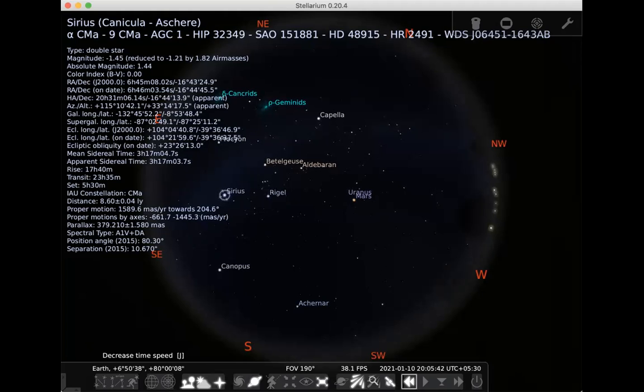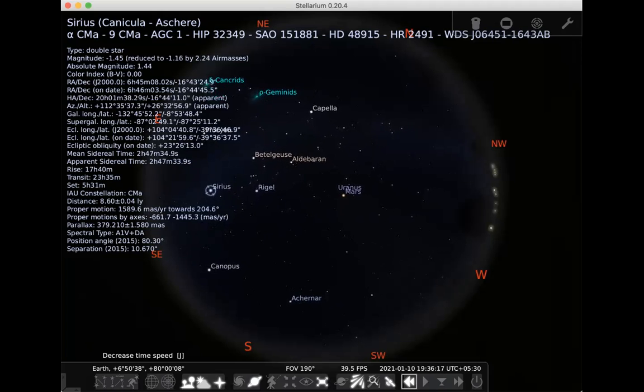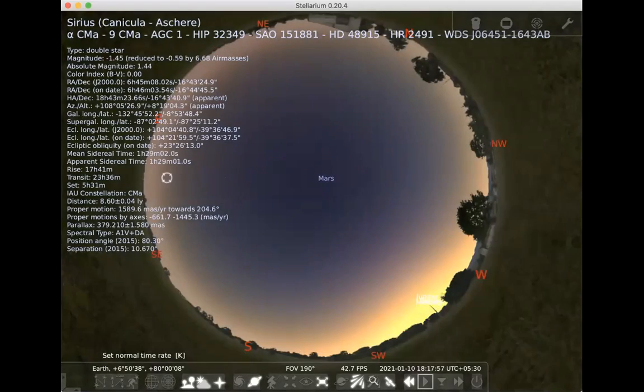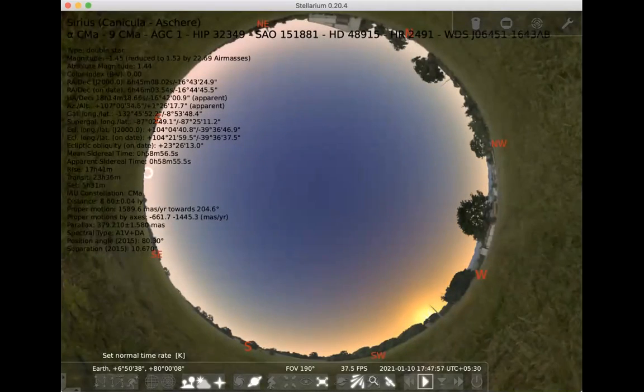You can see that it's going backward right now. I'm going to stop it right at the point where it rises. So this is the point where it rises, right? If you look at the lower right-hand corner, the rising time of this one is 5:48, which is 17:48 on the 24-hour clock.